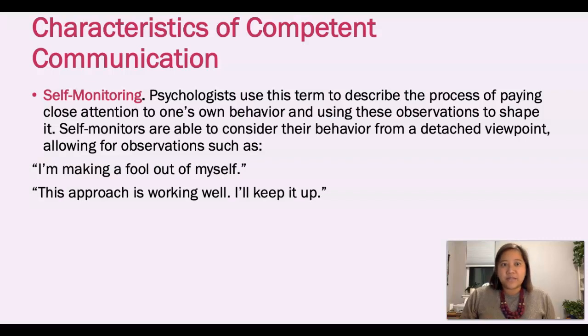Or, oh my God, this approach is not working well. I'll keep it up, or by saying, I apologize, that's not what I meant. What I meant was this. So the ability to actually self-censor and self-monitor, as well as trying a different approach, is one of the characteristics of competent communication.